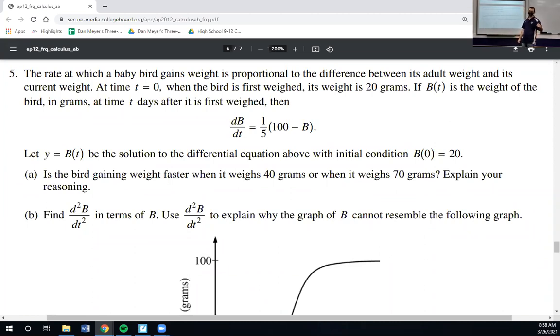The function is in terms of weight. And so instead of plugging in our usual input to get out our slope, we're actually plugging in the output of weight and getting out the rates that the weight is changing. So I'm putting in weights and I'm getting out the rates that the weight is growing.